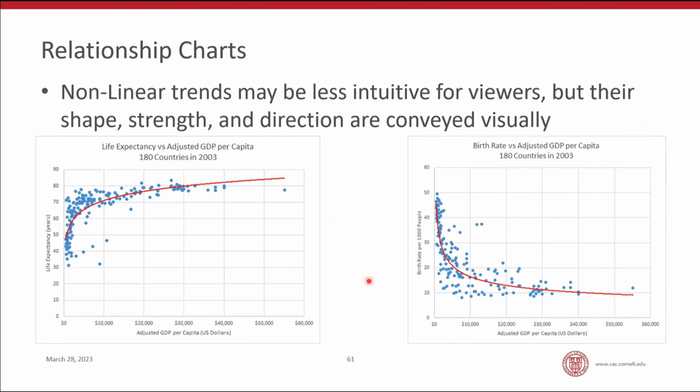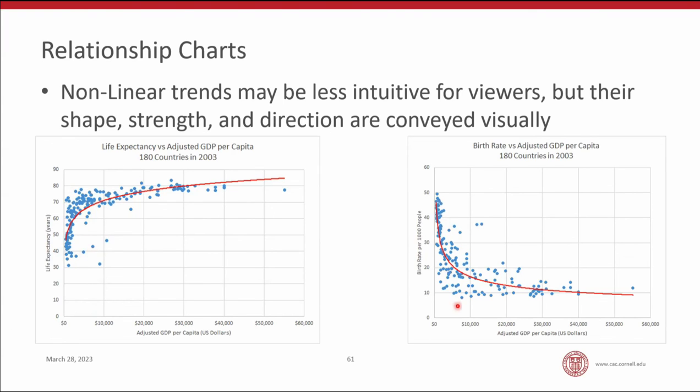And the same is true if you've got nonlinear trends, positive or negative, and the viewers might not understand if you showed the equation for these lines. You could show it, but they will see, oh, and this one, it's going up. If I have a higher GDP by just $5,000 per year per person, the life expectancy will jump up by decades. That can be seen here pretty easily.